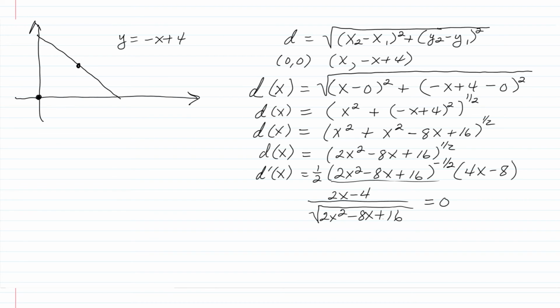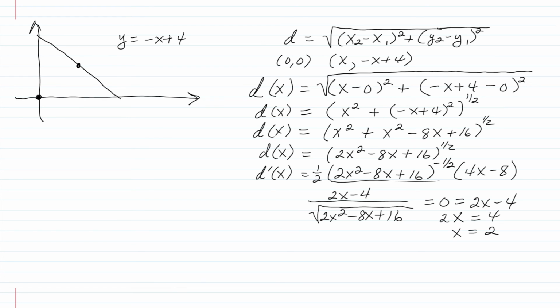So in order for this to be 0, that means the top has to be 0. So that means that 2x minus 4 has to equal 0. So that means that 2x has to equal 4, therefore x has to equal 2. So the x value of the point we're talking about is 2.